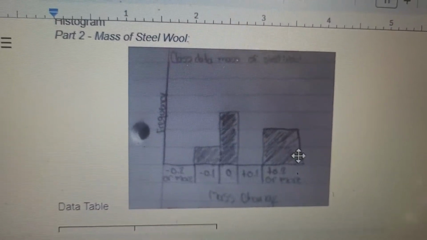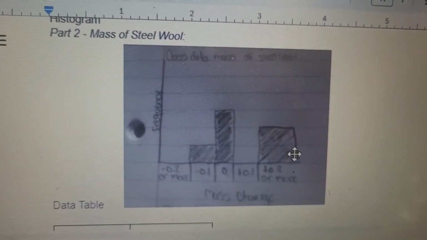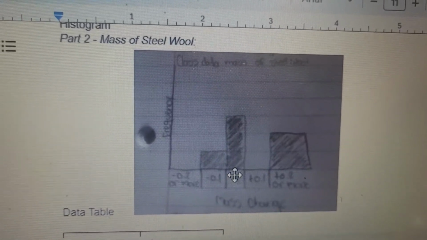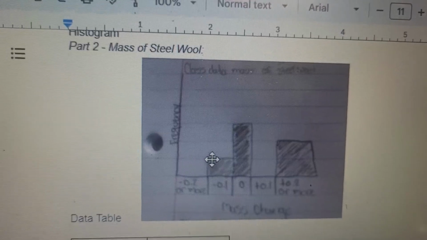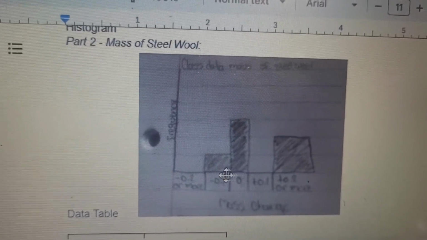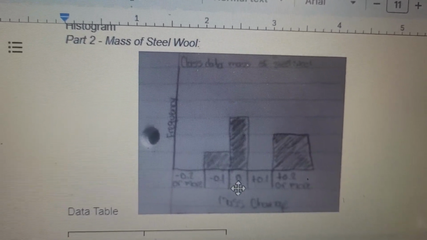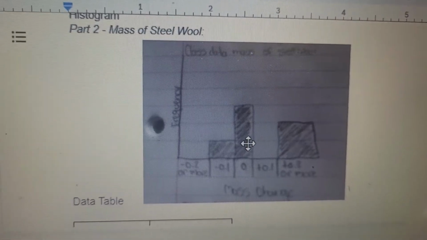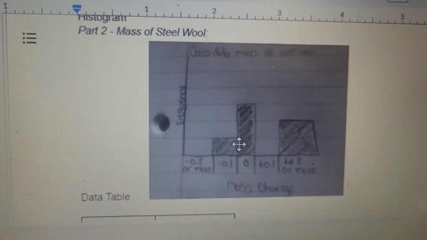So now we're going to look and say, okay, which single one had the most? So we had 3 of these with 0, and then we had 1 with just a very small change and then 2 with a big change. So which one result was the most common? It was the 0 here. So we're going to classify that this mass of steel wool had 0 change.